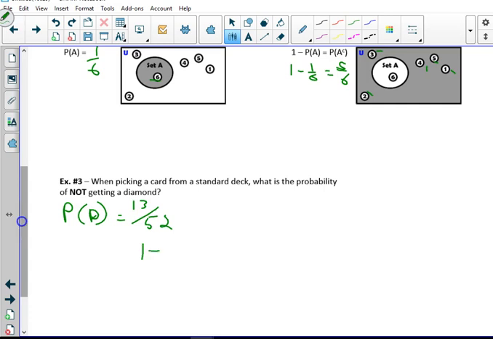The probability of not getting a diamond is 1 minus 13 out of 52, which is 39 cards out of 52 cards. There are 39 non-diamond cards. That's it.